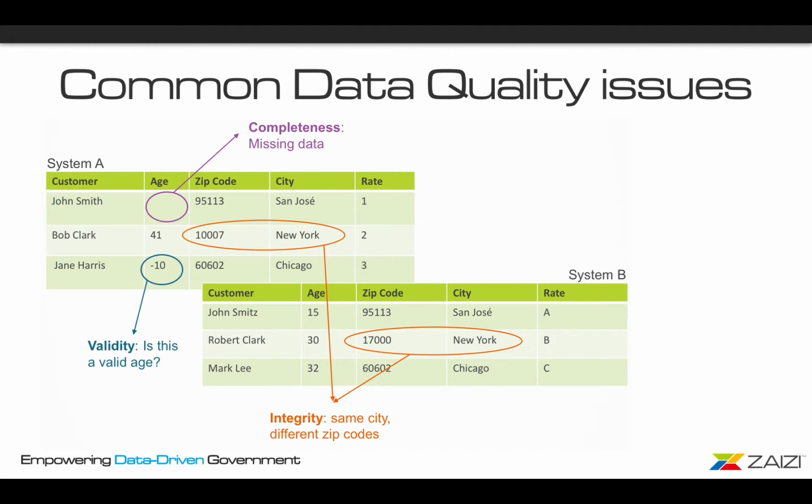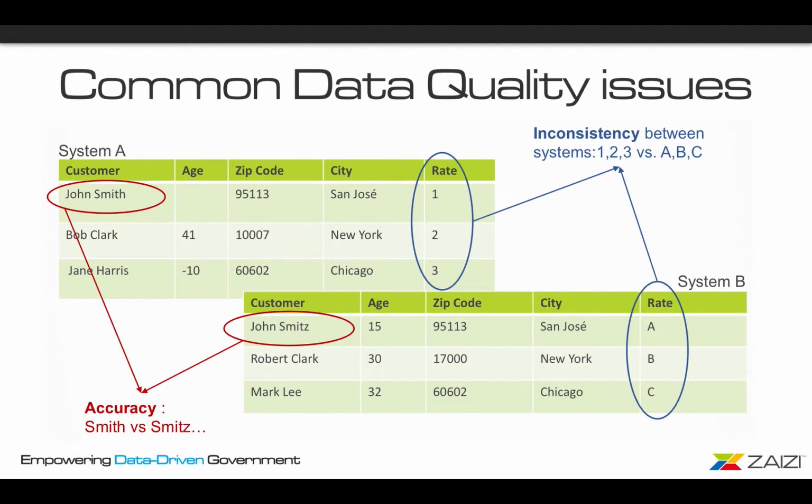And we have some validity issues, like in the attribute age, we have a value of -10, which is not valid for an age. We can see here some inconsistency between the rate in system A and system B, and some accuracy issues, like the name of the customer in system A is John Smith and in system B is John Smith with a Z at the end.